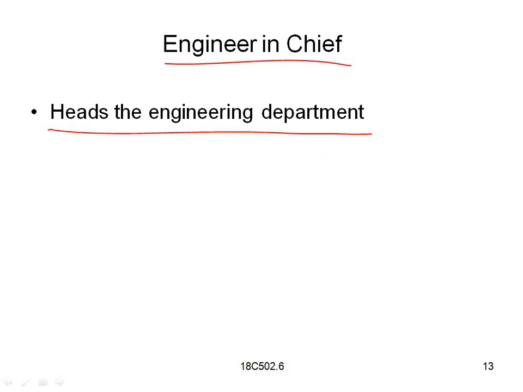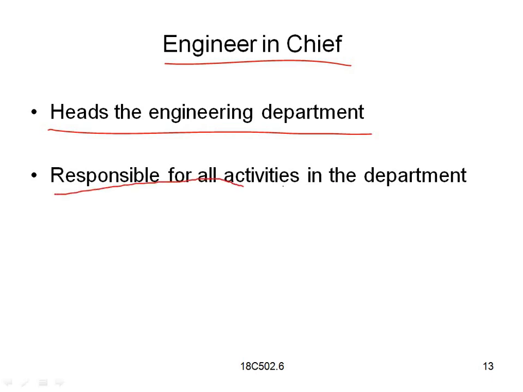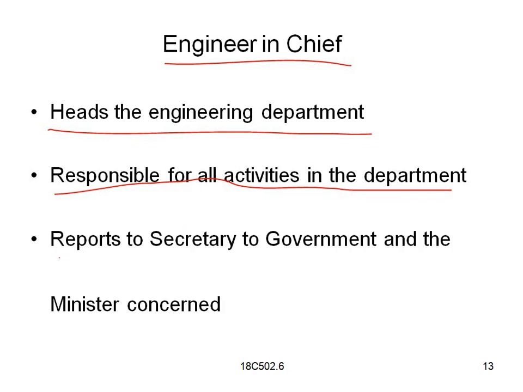For engineers also, all reports go to the engineer in chief only, because he looks after all the work in the state, and he is responsible for all activities in the department. Whatever works are going on in the department, he will have the idea. Next is reports to the secretary to government and the minister concerned.